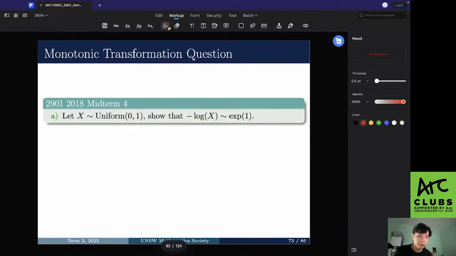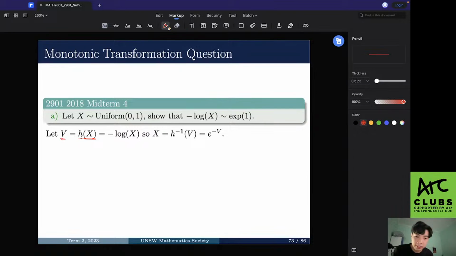So, what do we notice here? We have h of x, and that's equal to minus log x. This is a log, and so this is clearly monotonic. That means we can first take our h of x and let it equal v.